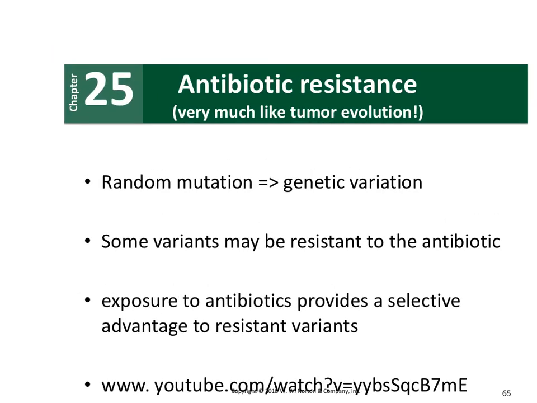So antibiotic resistance, we already talked about this, how bacteria populations through mutations can develop resistance to different antibiotics. So random mutation, some variants are resistant to antibiotics, and exposure to antibiotics provides a selective advantage to the resistant variants. They survive, the other ones don't, and suddenly you've got antibiotic resistant bacteria.